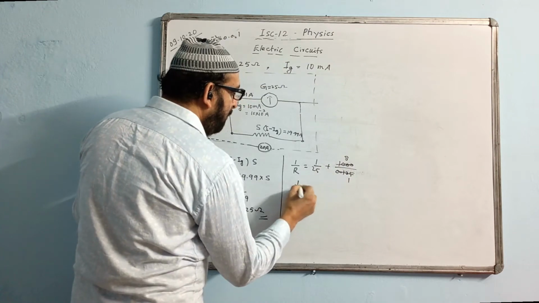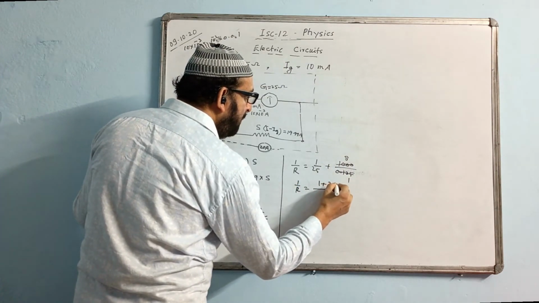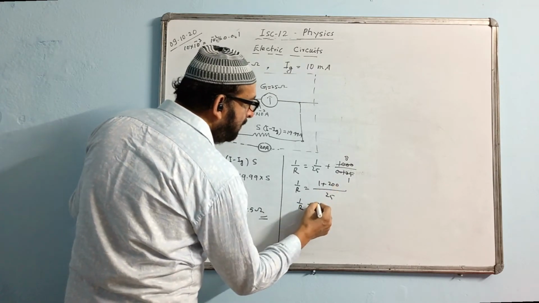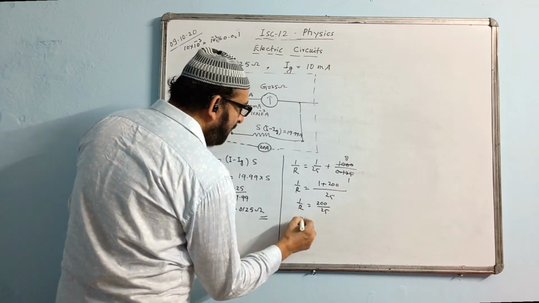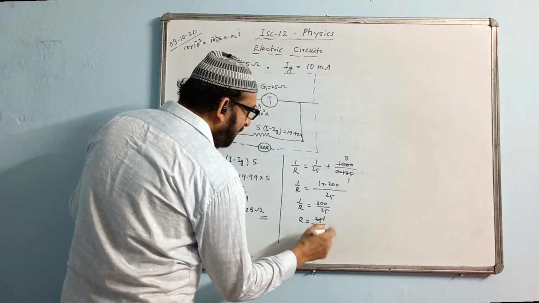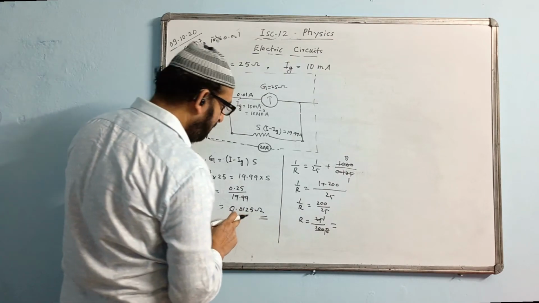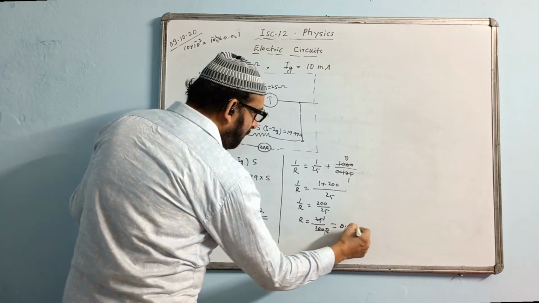1 by R, taking LCM 25, 1 plus 200 will come here. 1 by R is coming 201 by 25. Therefore, R value will come 25 by 201, which is approximately 1 by 8. Divide 1 by 8, the answer is 0.0125 ohm only.